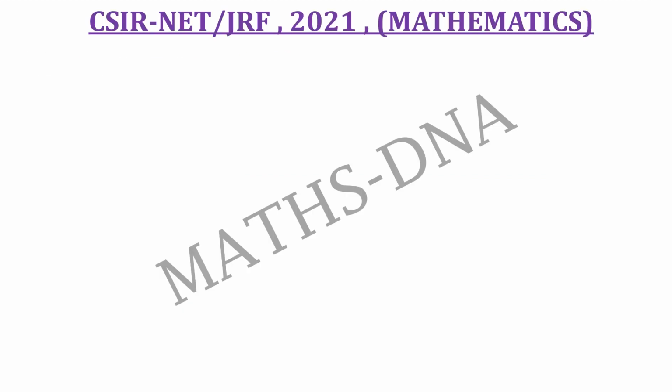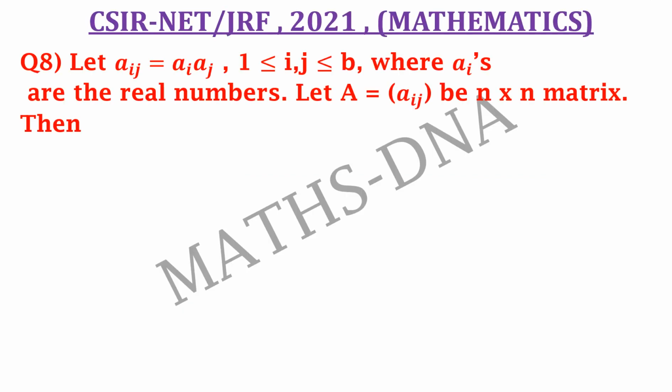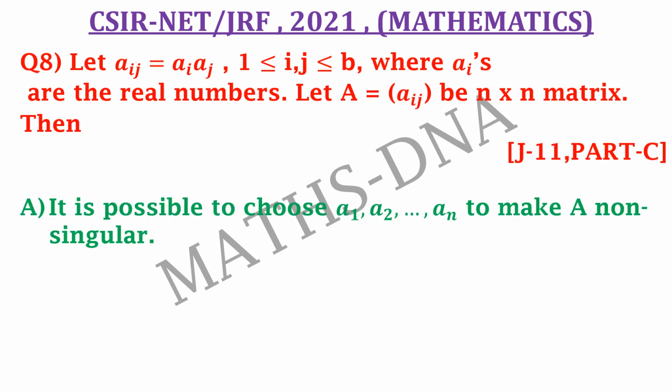Moving on to our question. The question is: let a_ij equals a_i into a_j, where 1 ≤ i, j ≤ n, where the a_i's are real numbers. Let A = (a_ij) be an n × n matrix. Then the options are: A. It is possible to choose a1, a2, ..., an to make A non-singular.